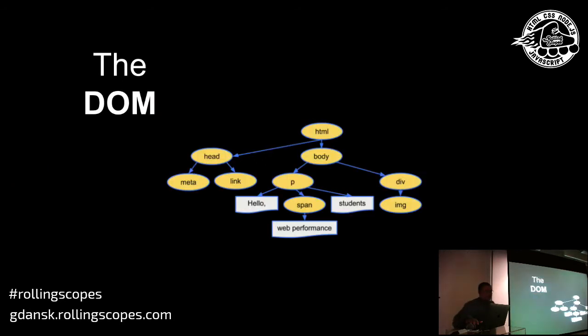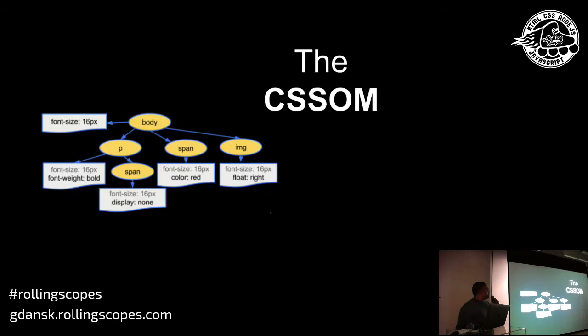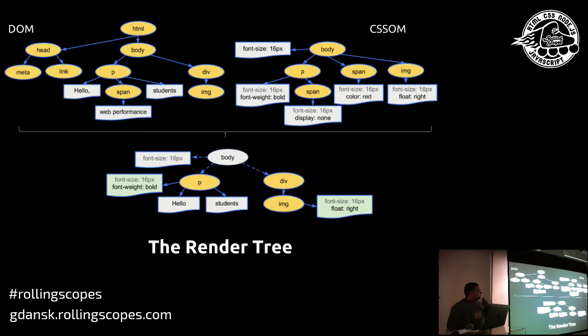So yeah, this is how the document object model looks like, and we have the CSS object model also. You can see that I'm putting display none on this span, and now the browser will match both trees and create this part for us without this span that I set to display none.